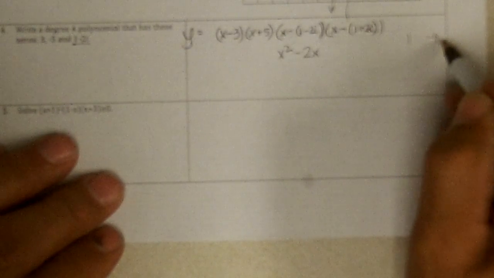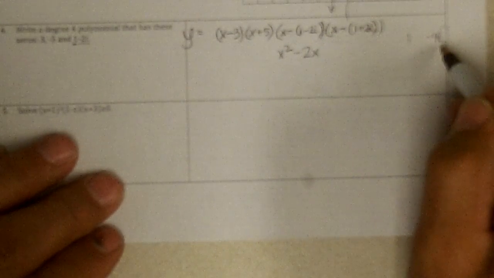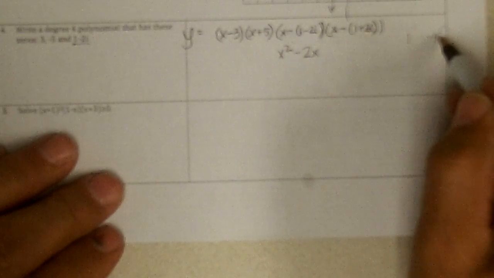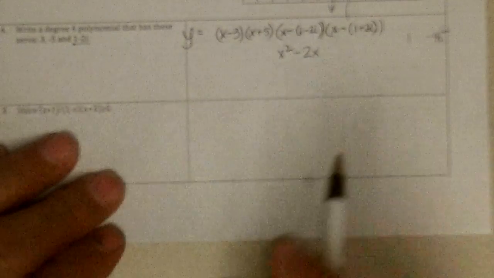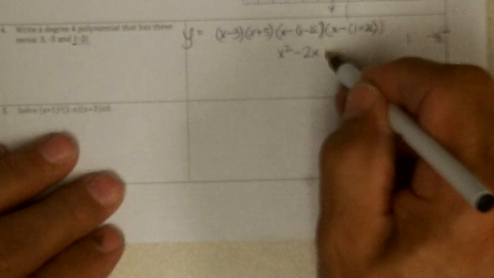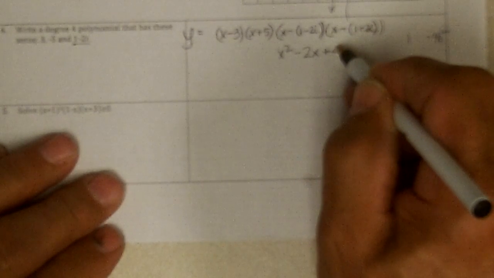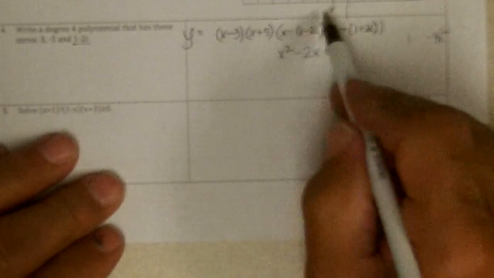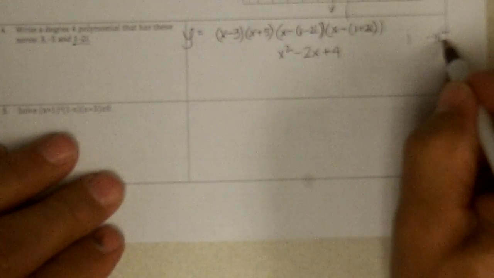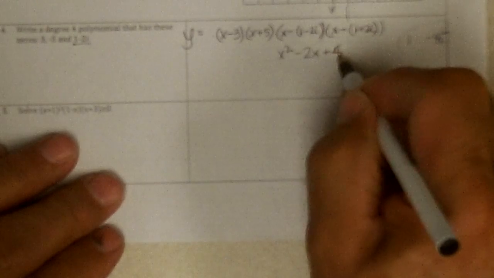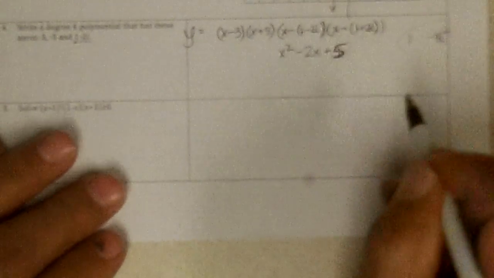Minus 4i squared, i squared is negative 1, so negative 4 times negative 1 is 4. Oh, and I had 1 also. I had 1 plus 4, which is 5. There we go. Now I can check and make sure I got that right.